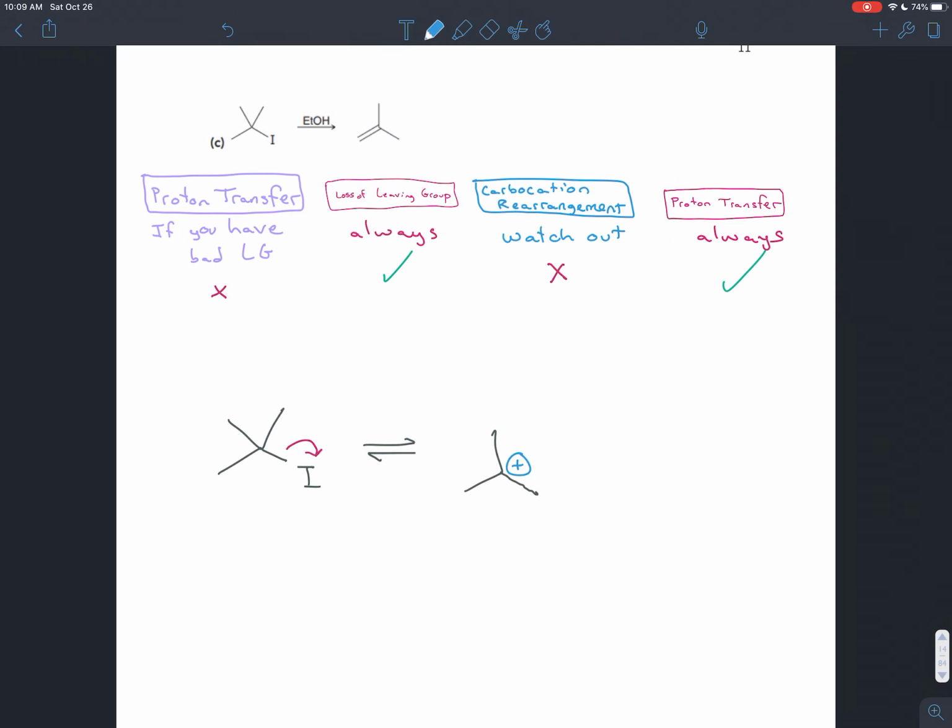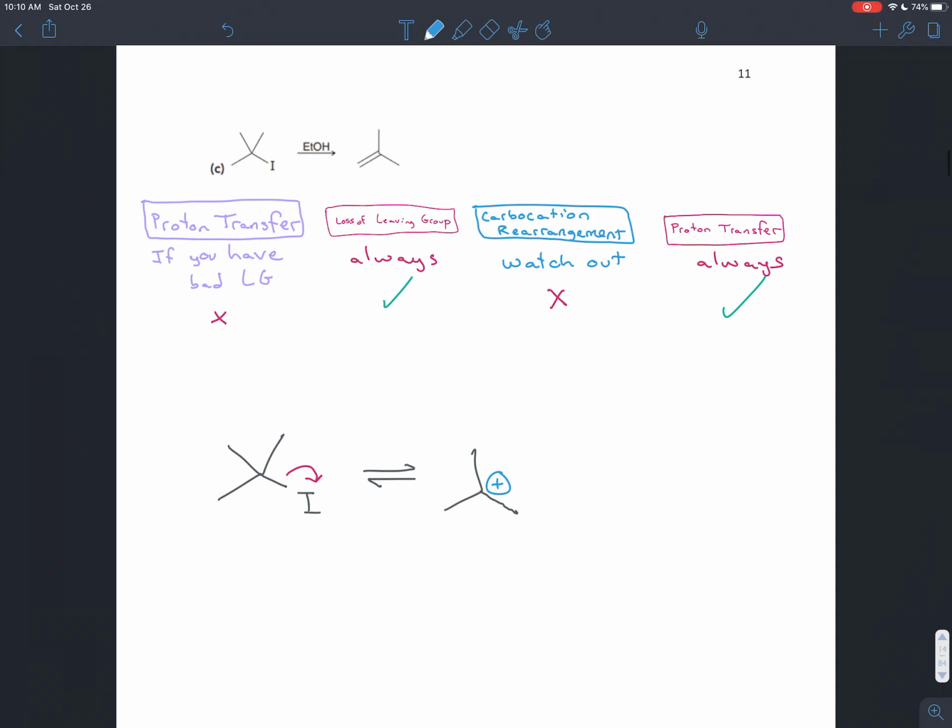You'll see there's still the same number of carbons, 1, 2, 3, 1, 2, 3. I'm just drawing them so that they're trigonal planar. That's the shape of a carbocation. We saw already that this carbocation is not going to rearrange. It's already on the most stable position. And so all we have to do is treat it with a weak base that will steal one of the beta hydrogens.